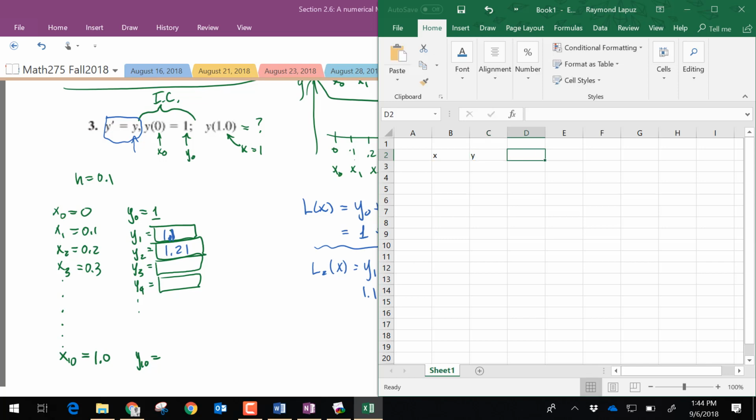And then I probably want my f of x, y value. I don't know which one I want first. So anyways, I know that this is 0, 0.1, 0.2, right? And if I just click and drag, it'll do that for me. I think I do want these things switched.